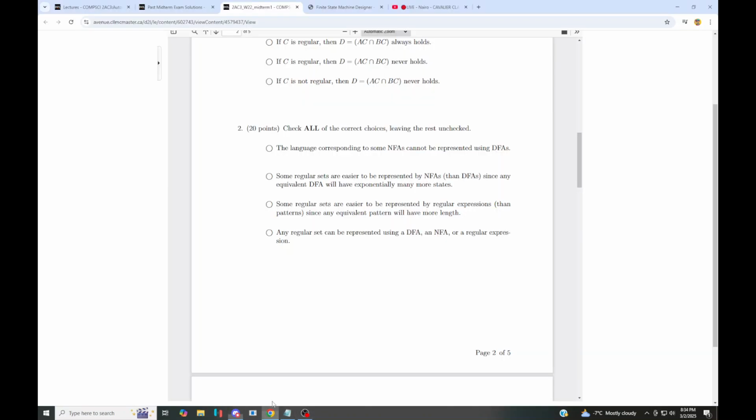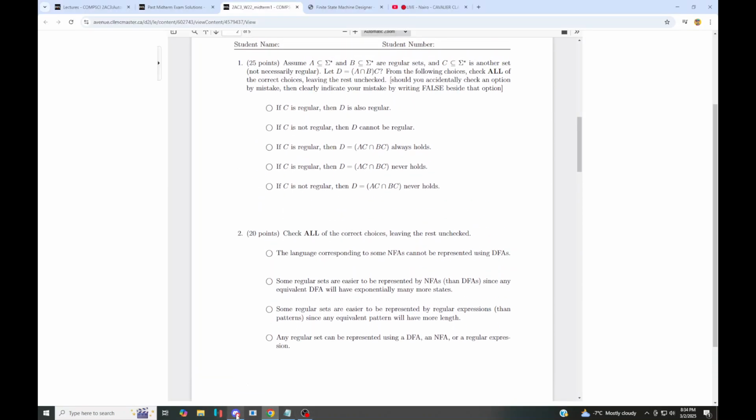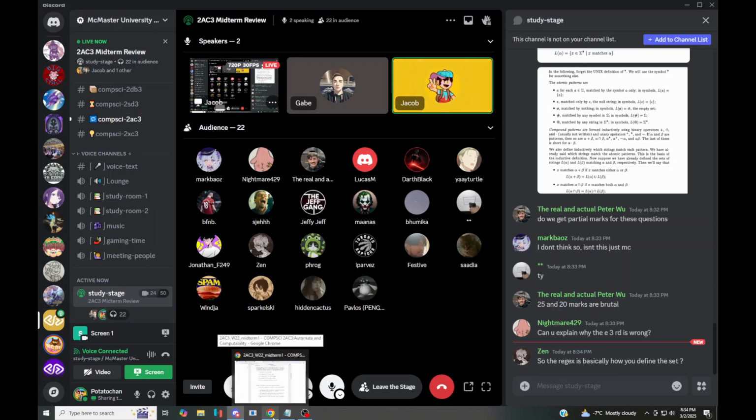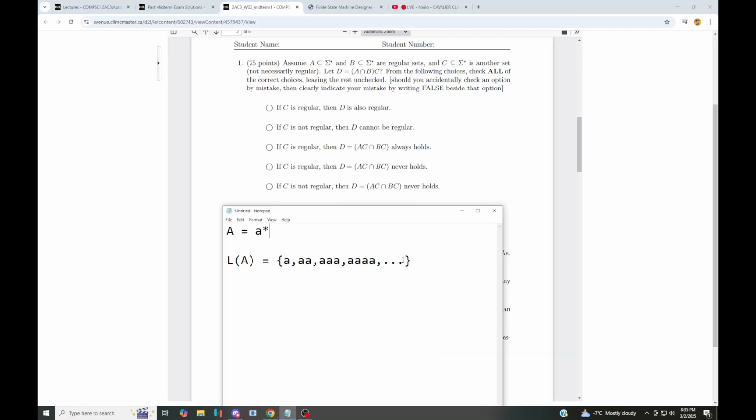Can I explain why the third one's wrong? Do you want me to go back over part 3? Yeah, the regular expression is just another way of defining a set. Because in theory, we have our set theory, right? We can represent this set as a to the n for some n, but regular expressions are often a more simplified way of representing them.